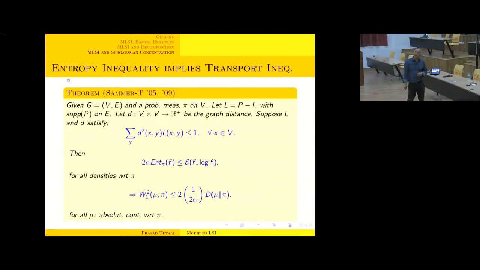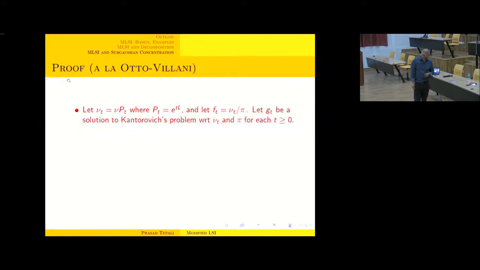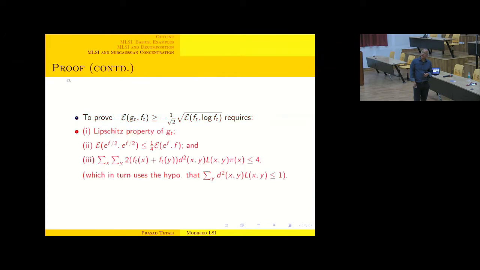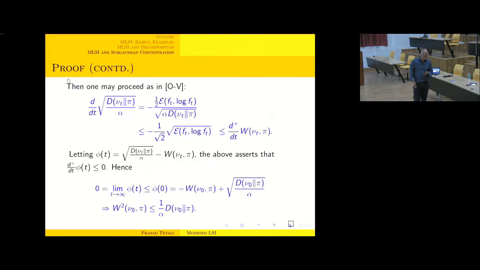So maybe I'll just take 2 minutes to say that. I won't show you that. I'll share the slides, and tomorrow morning I can go quickly over it, but our proof is, as I said, you want to prove this is at most 1 over alpha times relative entropy. At time 0, that's what I put. And then I evolve nu according to the Markov kernel.